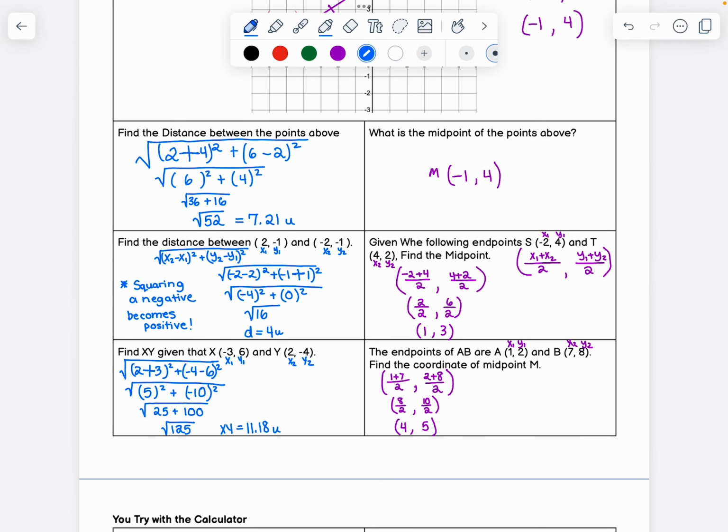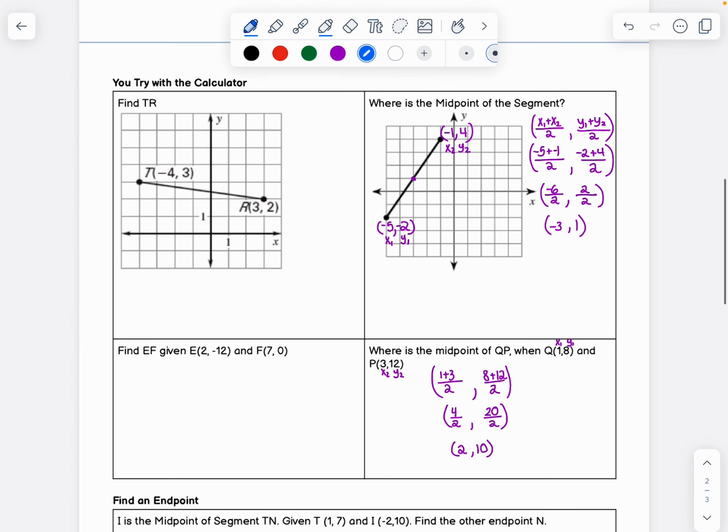Let's move on to the back. Find TR. So the length of TR, which is the distance between T and R. First thing we're going to do is label our points. x1, y1, x2, y2.